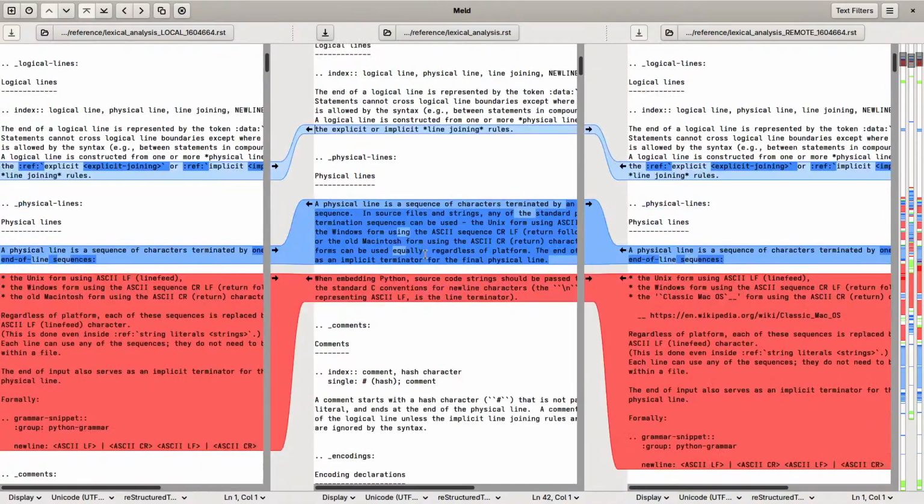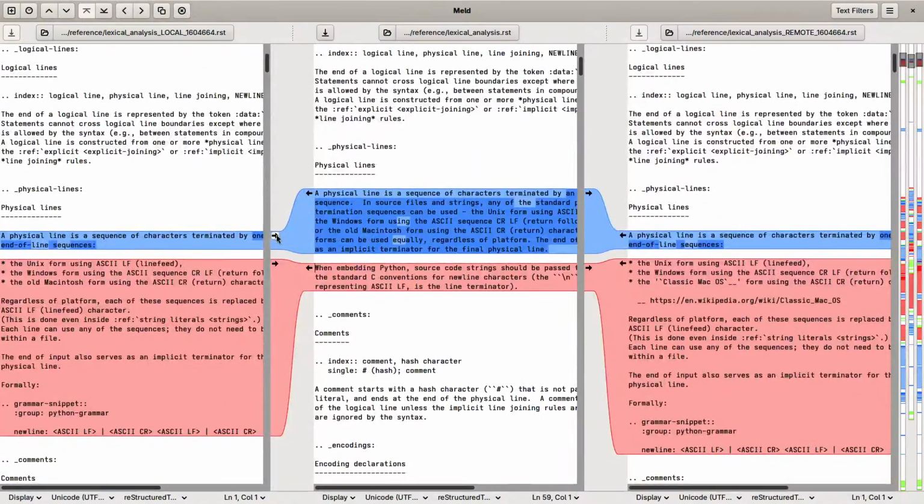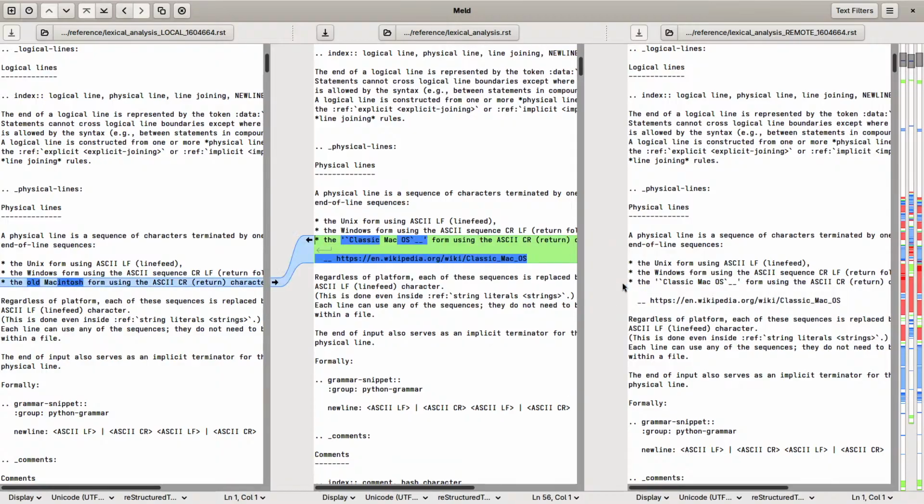Maybe we can use a merge tool. Exactly, and then step. Wow, this screen is really small. Classic macOS.